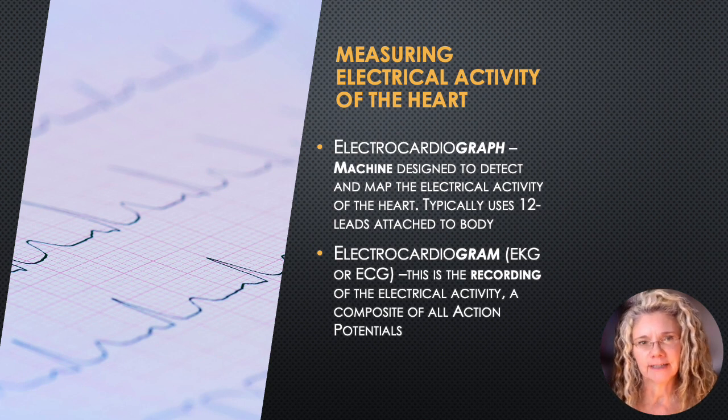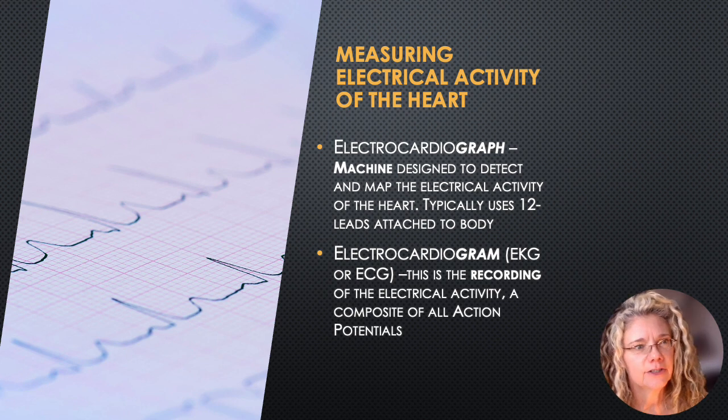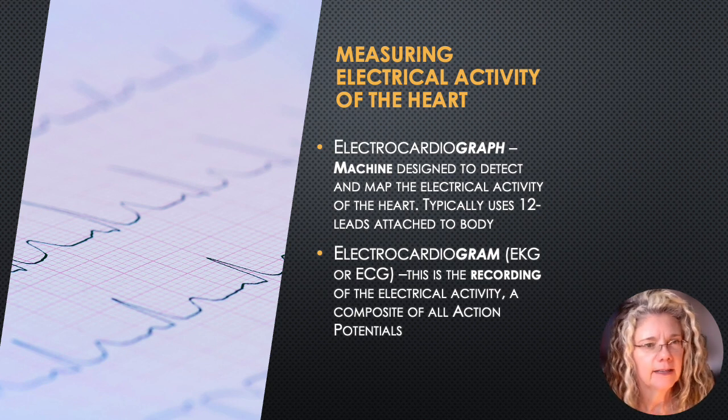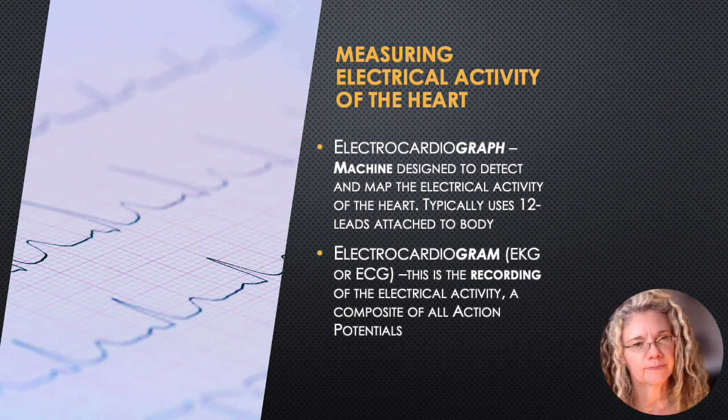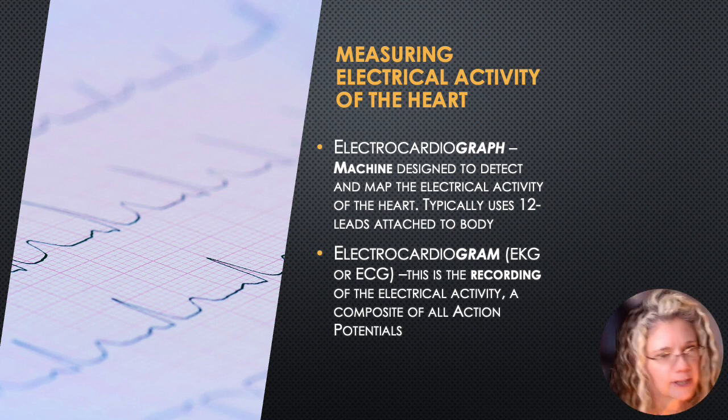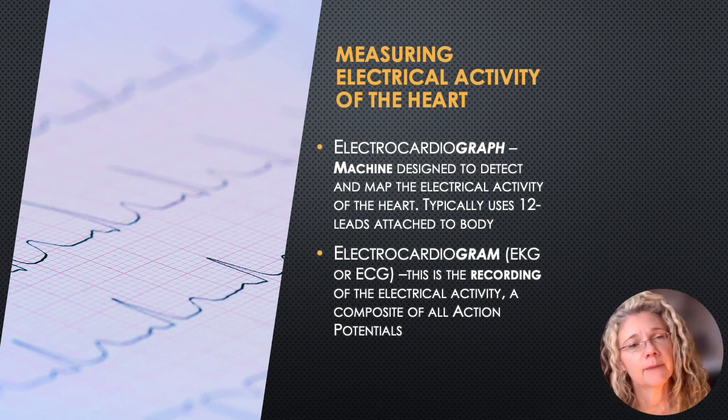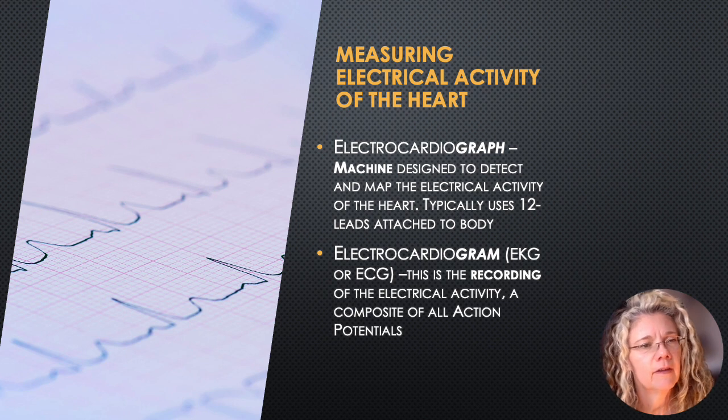That's the machine that is built and designed to map out the electrical activity of your patient's heart. Typically you're going to use a 12 lead that gets attached to different places on the body, though we can also use a 3 lead. Works just as well in a pinch, right? Sometimes we only use a 3 lead, like your portable defibrillators, or sometimes EMS will only use a 3 lead.